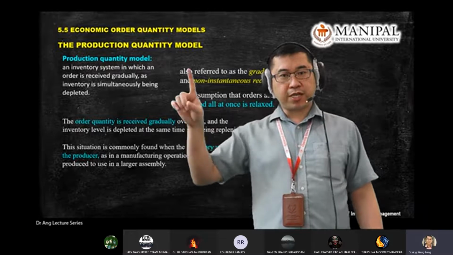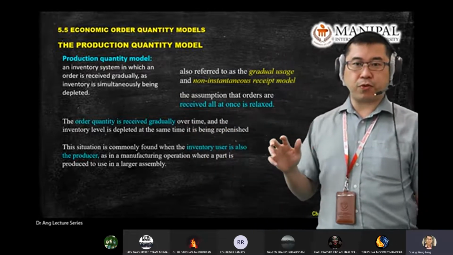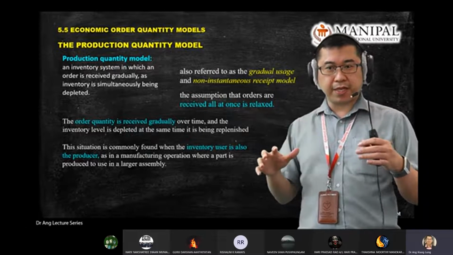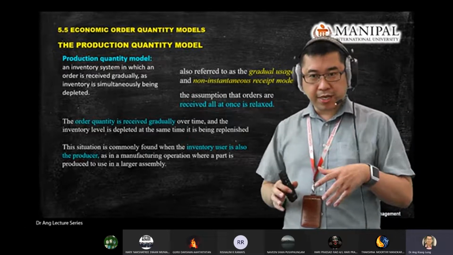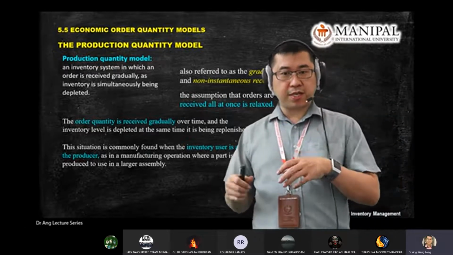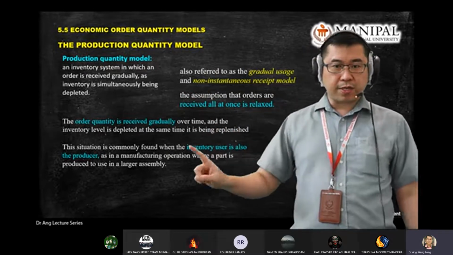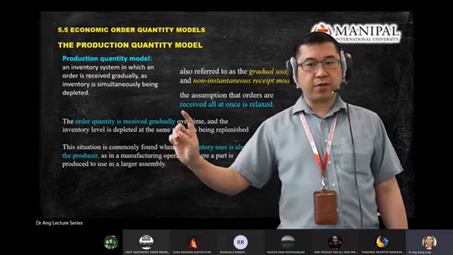So this model is suitable when you are the one who produces it and also the one who uses it at the same time. Just take a note on your handouts there.